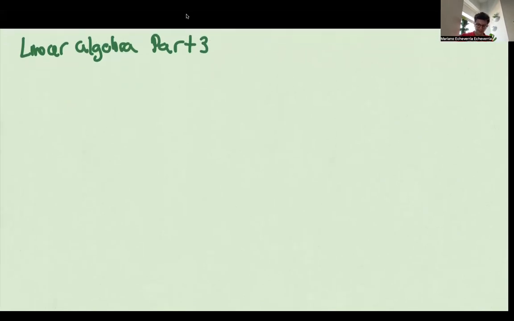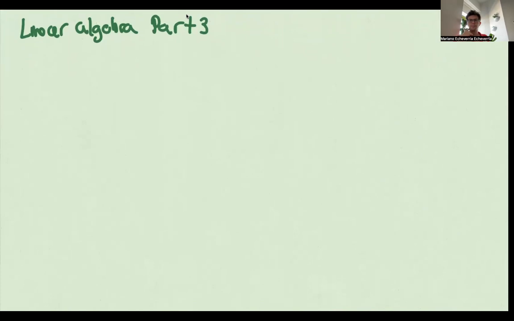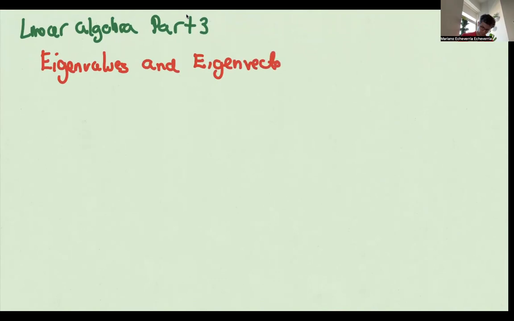Okay, so the next topic in the course is this eigenvalue, eigenvector stuff. That's an important topic in linear algebra. Eigenvalues and eigenvectors give you a lot of useful information about a matrix.